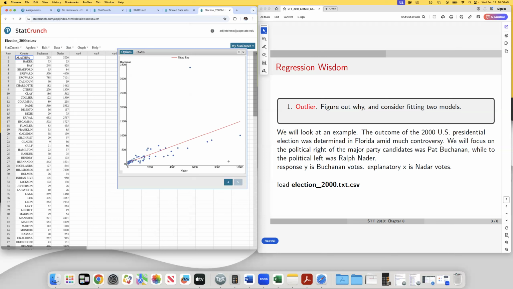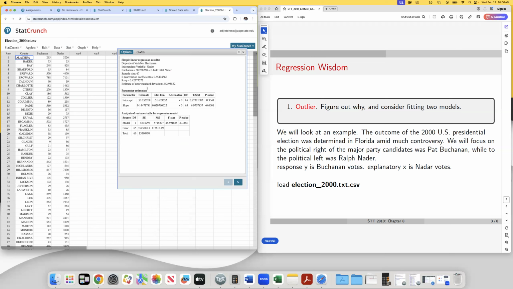Now that we've seen the outlier, let's look at the regression. You can see the coefficient of the explanatory variable, the slope, is 0.14471.